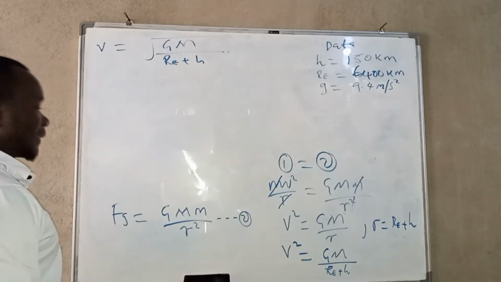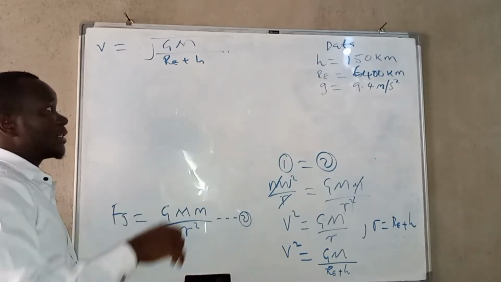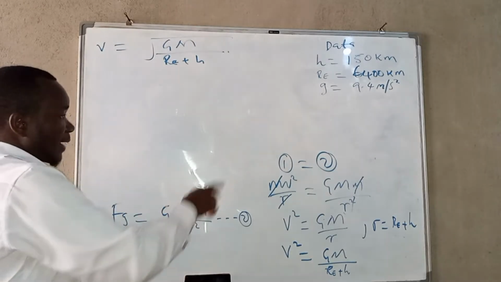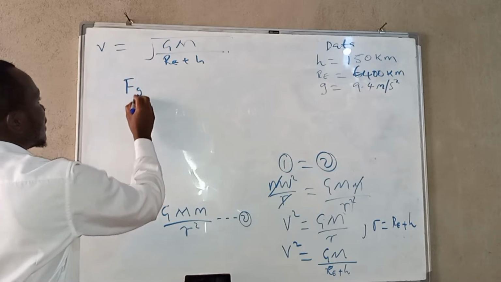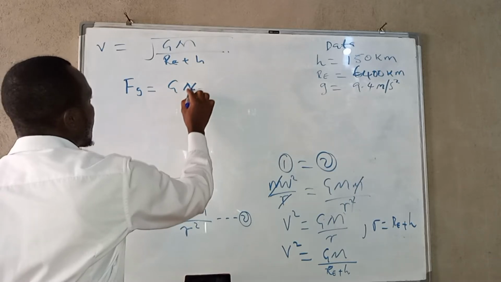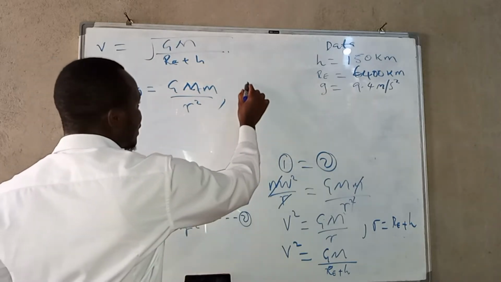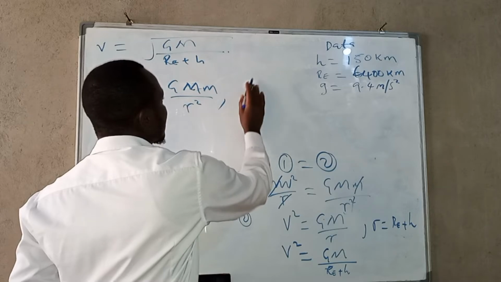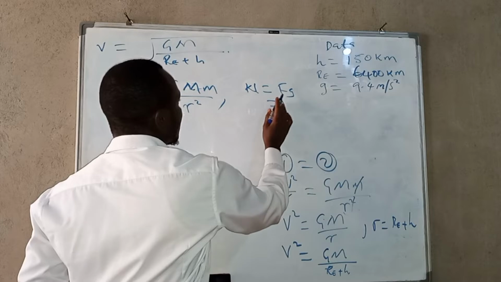But at the same time, we know that the force of gravity is represented by mg, and the force of attraction between the two bodies is GMm over r squared. Weight must be equal to Fg, and weight is equal to mg.